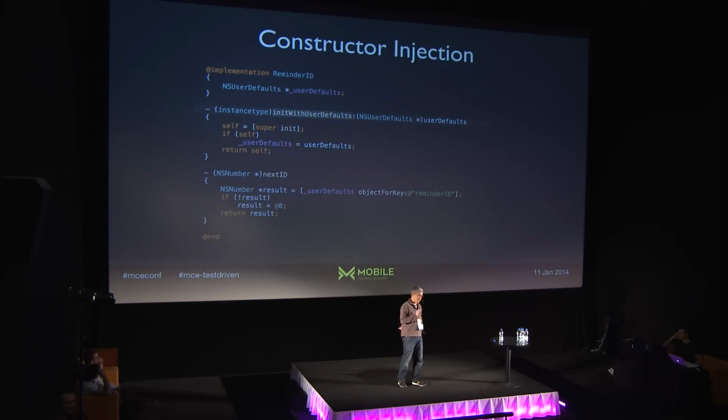The advantage of constructor injection, and the reason you should prefer this if possible, is that it makes the dependencies explicit. With property injection, you can kind of pretend that they're not there, which is good for certain things like standard Apple framework stuff. But when you start dealing with your own classes, then I encourage you to prefer constructor injection. You may switch back and forth.